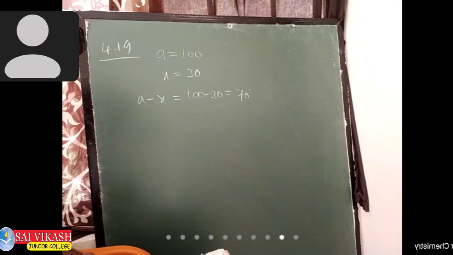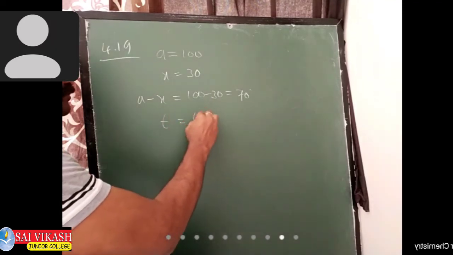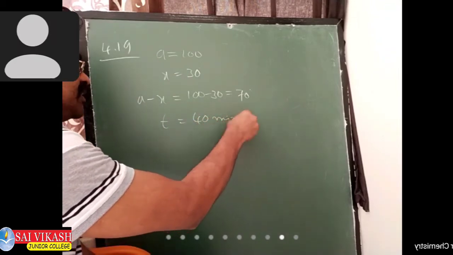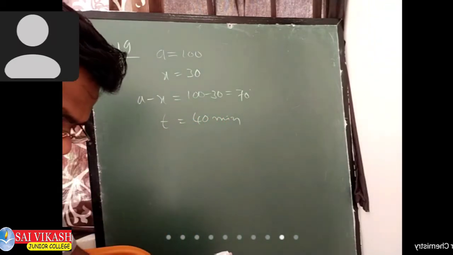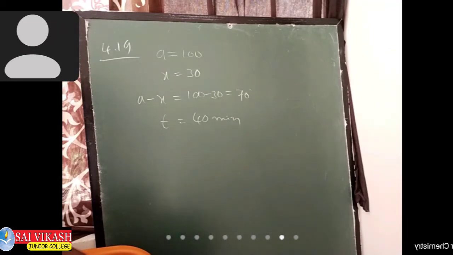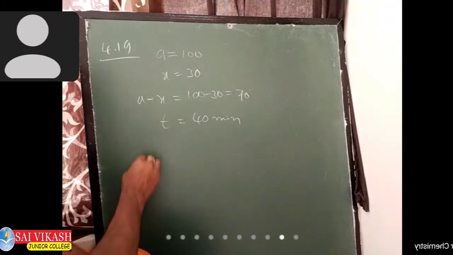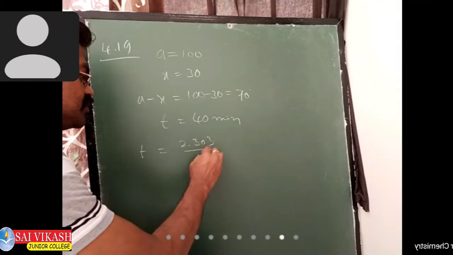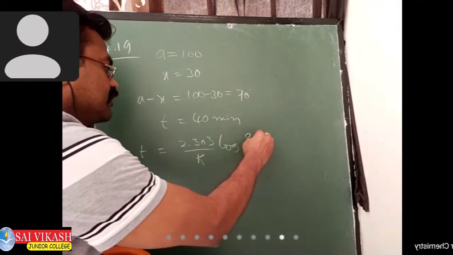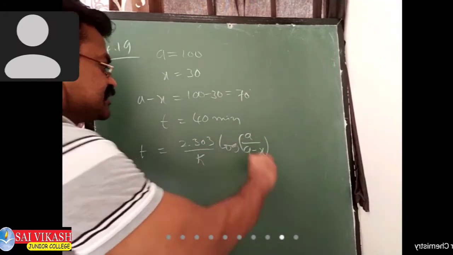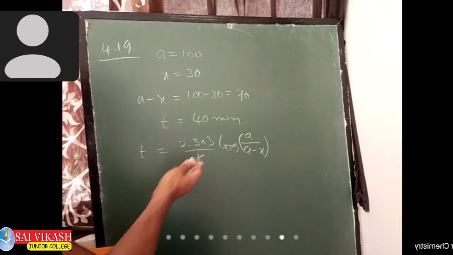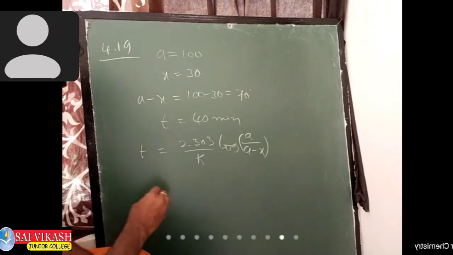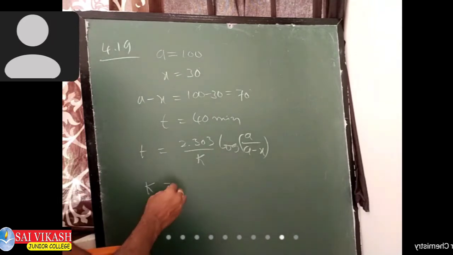So they are asking the half-life. Time is given, 40 minutes. They gave a first order reaction, so substitute in the first order integrated rate equation. The formula is T equal to 2.303 by K log of A by A minus X. We want K, so cross multiply.